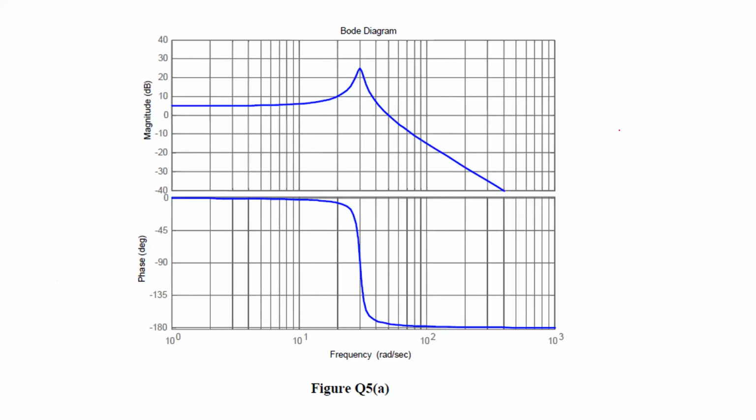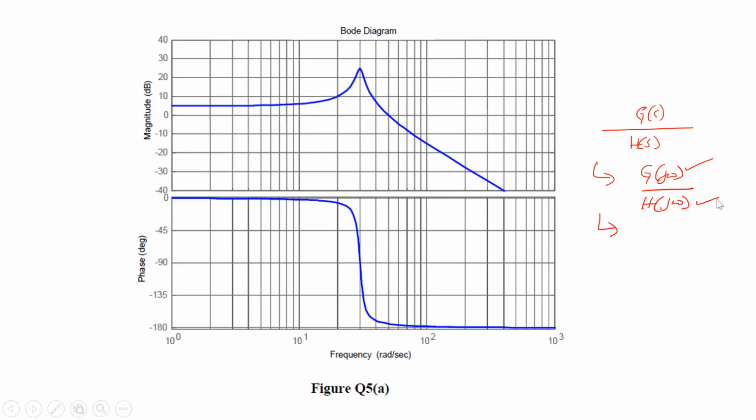One variation of this is that you're given the transfer function, some G of S over H of S. And then from that, you put it into a standard form, and you use a series of straight lines to plot the frequency response of both the numerator and denominator polynomials.